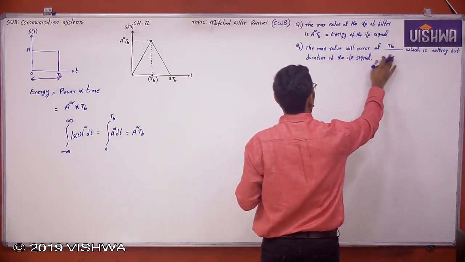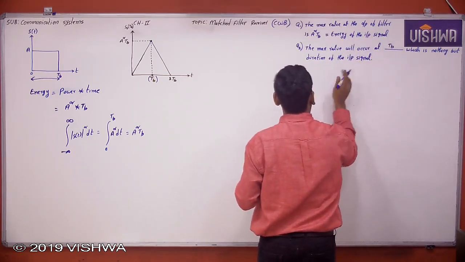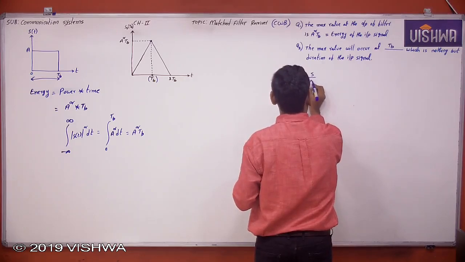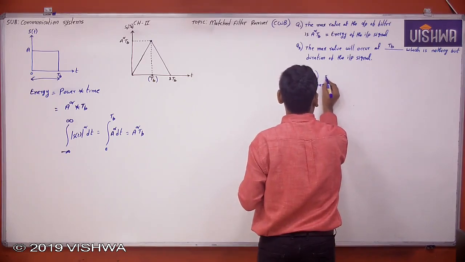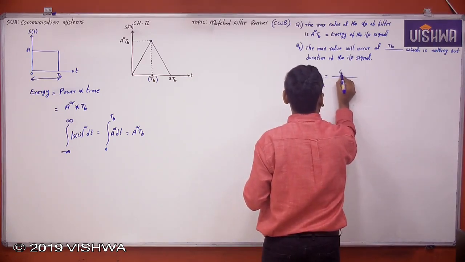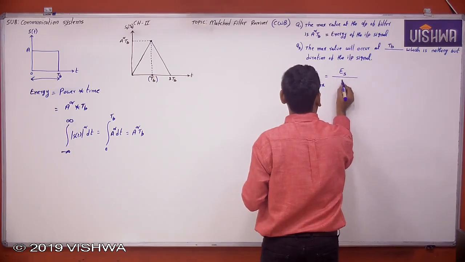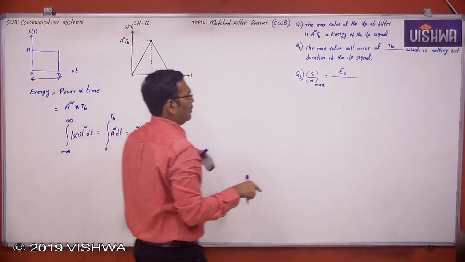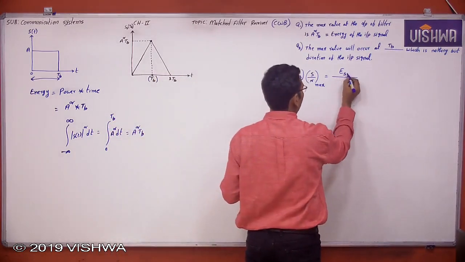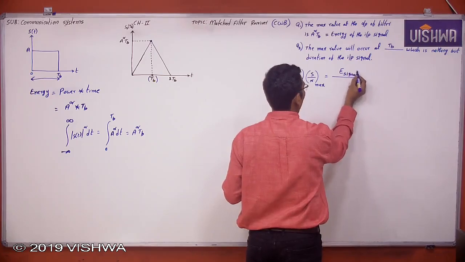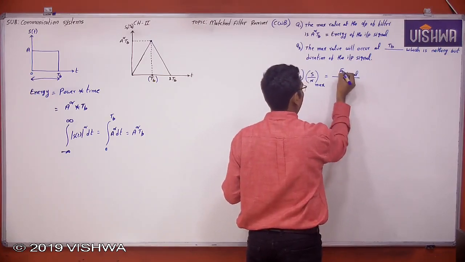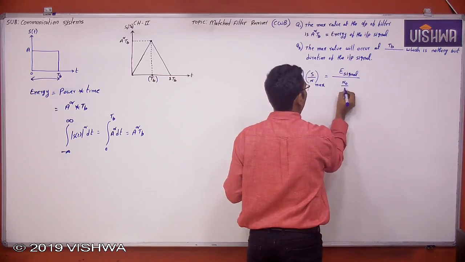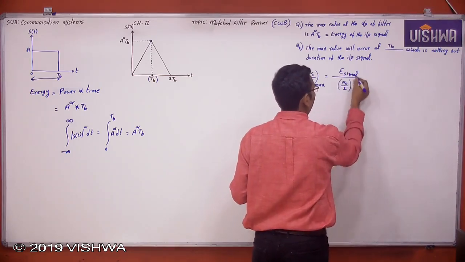The maximum value will occur at TB, which is the duration of the input signal. And sometimes if he is asking for the maximum signal to noise ratio, find the energy of the input signal and divide by the noise power spectral density.